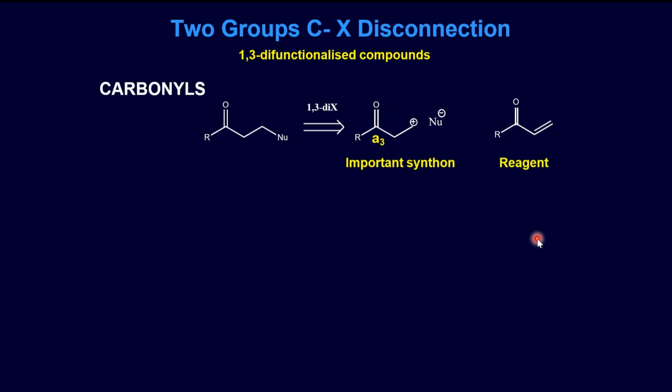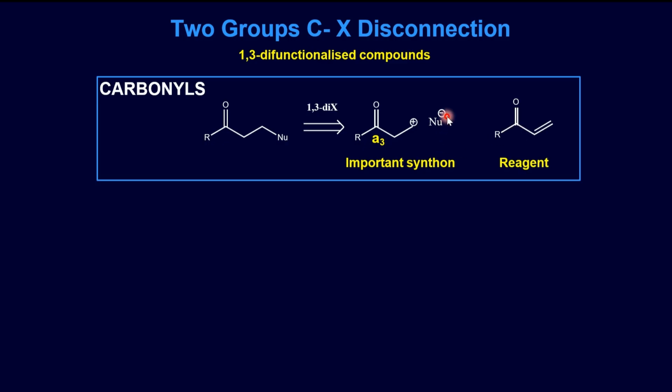I treat it with the nucleophile, Nu minus. The pi electrons move towards this carbon, creating the positive center over here, and the nucleophile attacks this positive center. I will get a 1,3 dicarbonyl compound. For synthesizing 1,3 difunctionalized compounds in which one of the functional groups is carbonyl, I use alpha beta unsaturated carbonyl compounds as reagents.